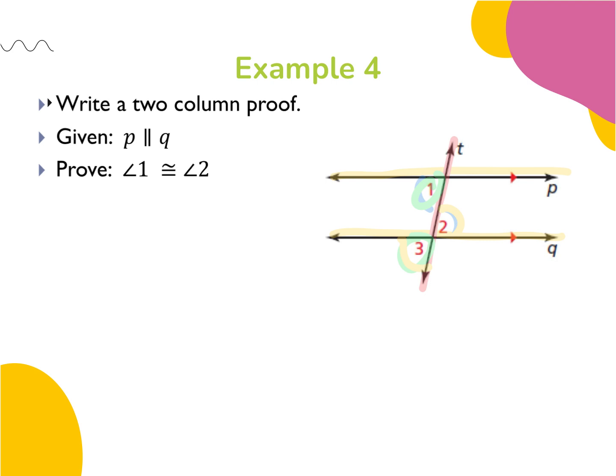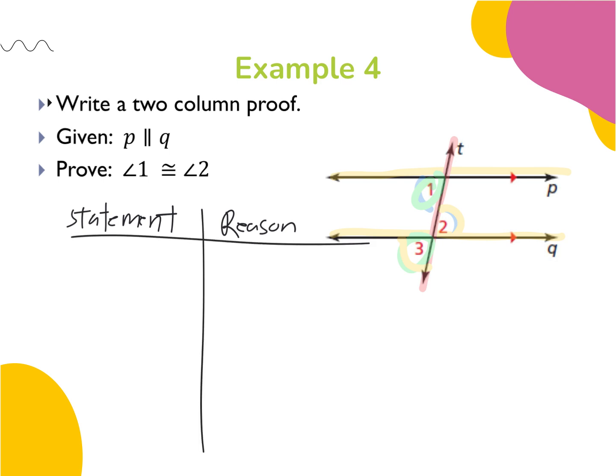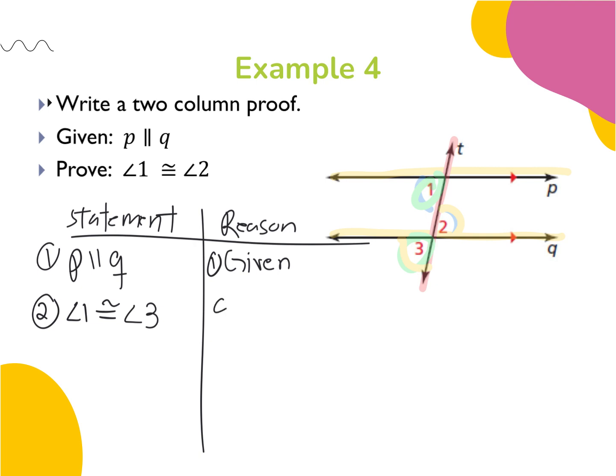Now let's write it down. We have a statement, and we have a reason. So for statement number 1, I'm going to write P is parallel to Q. So that is given. Then for the second one, like I said, angle 1 and angle 3 are congruent. We figure that out because they're corresponding angles.